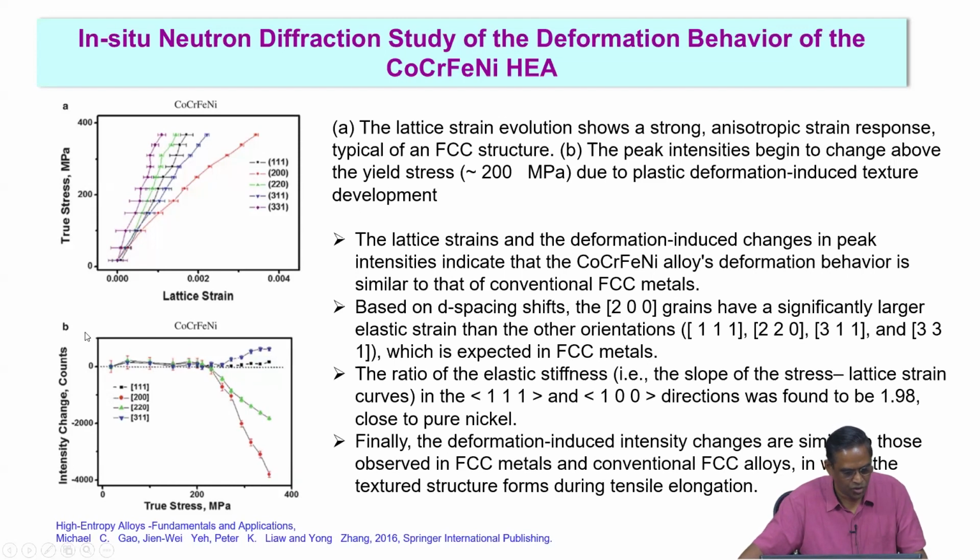The intensity change happens significantly after a tensile stress of 200 MPa, and that is particularly more for 200 and 220, but the other orientations are all the same. The deformation induced intensity changes are similar to those observed in FCC metals and conventional FCC alloys, in which a textured structure forms during tensile elongation, right.